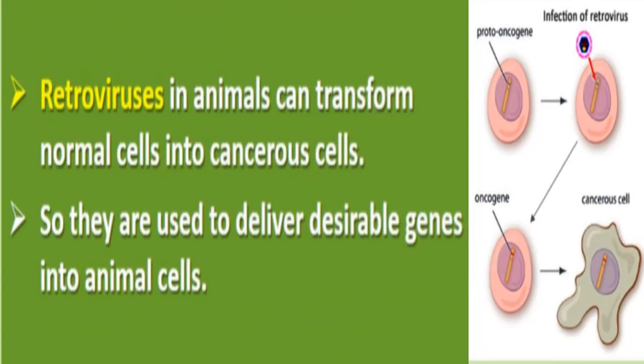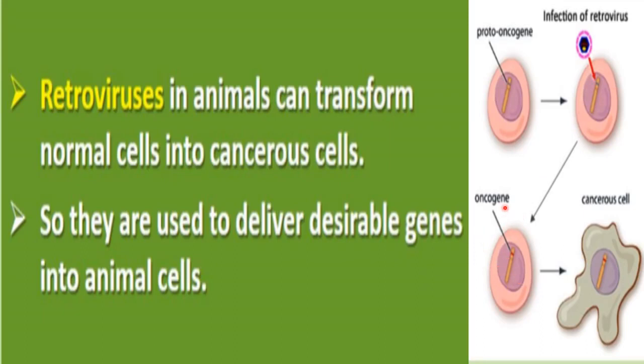Next is about retroviruses, how these can be used as cloning vectors. So retroviruses in animals can transform normal cells into cancerous cells. About this you have studied in chapter Human Health and Disease in cancer topic, that proto-oncogenes are present in normal human cells, right? And due to infection of retrovirus, these proto-oncogenes can be converted into oncogenes, right?